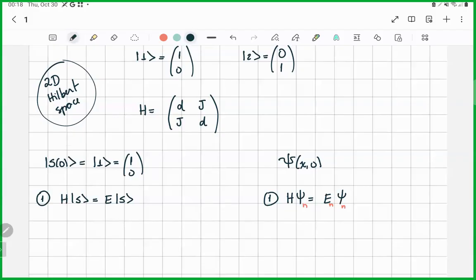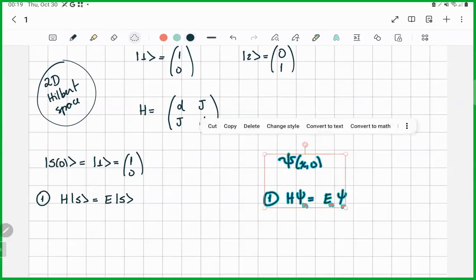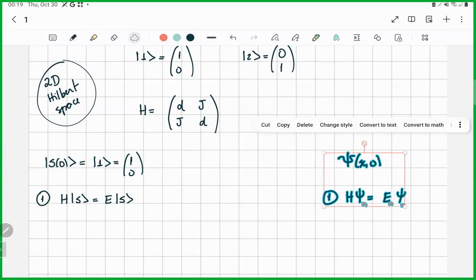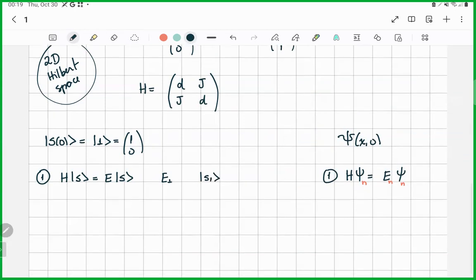Now, it's a little easier in our case because instead of infinite solutions as we had before, here we have just two possibilities. We will have an energy E1 and associated with it an eigenfunction S1, and an energy E2 and associated with it the eigenfunction S2. Nothing else. Okay, that's it. We're going to try to find that.